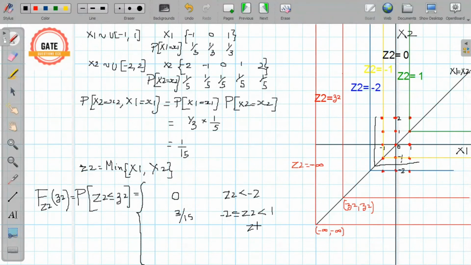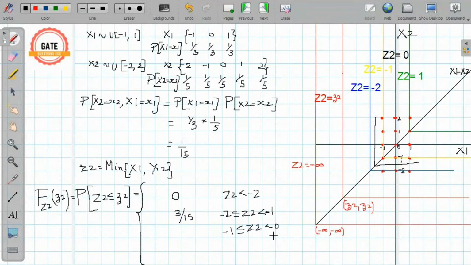So next we can talk about the region that includes this minus 1 boundary, as well as to the right of this minus 1 boundary, but to the left of this Z2 is equal to 0 boundary.